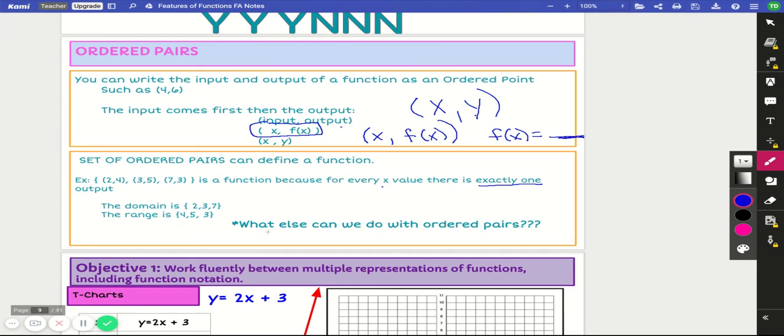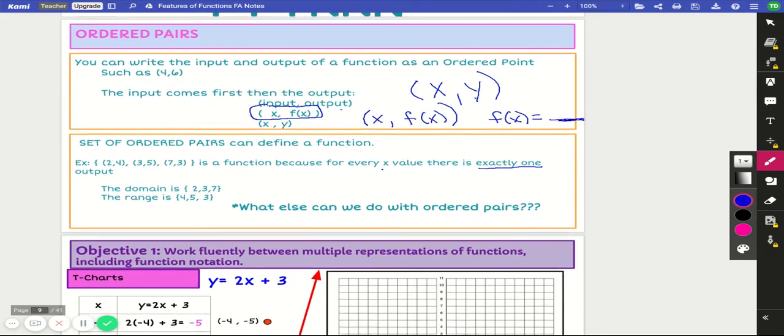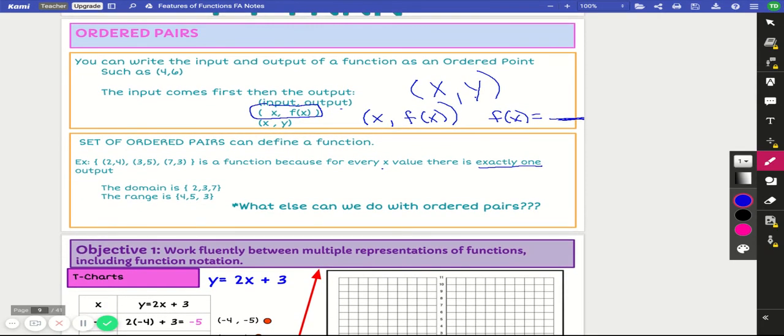What else can we do with ordered pairs? Well, we can, again, see if it's a function. We can plot them on a graph. We can order them. We can make a t-chart with them. There's multiple things. We can use the ordered pairs to find slope.